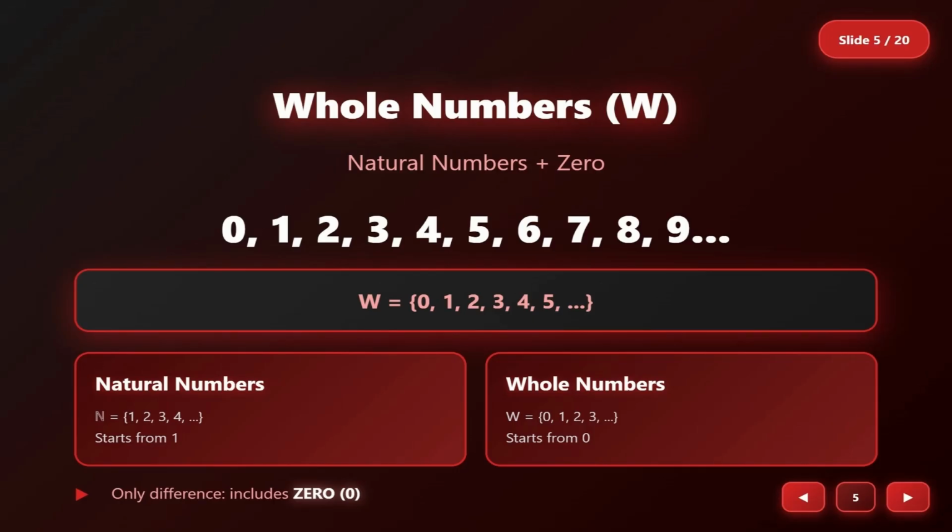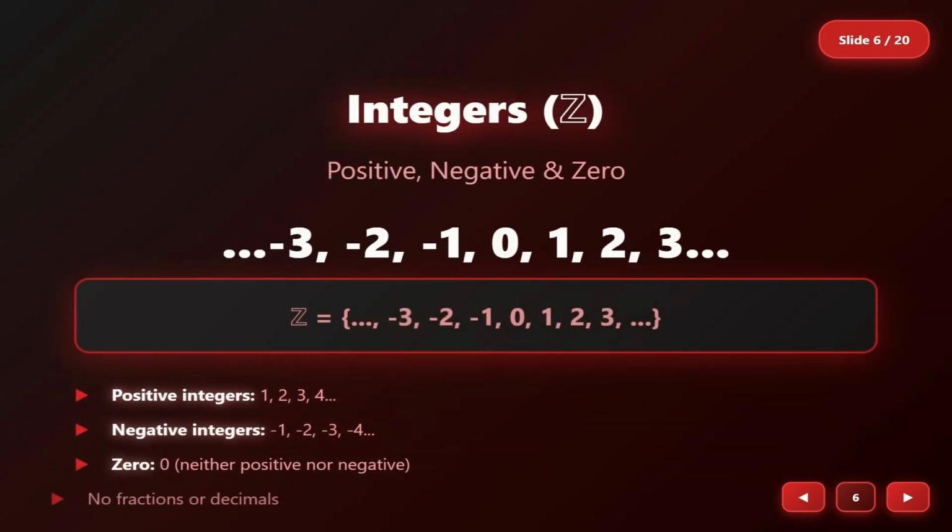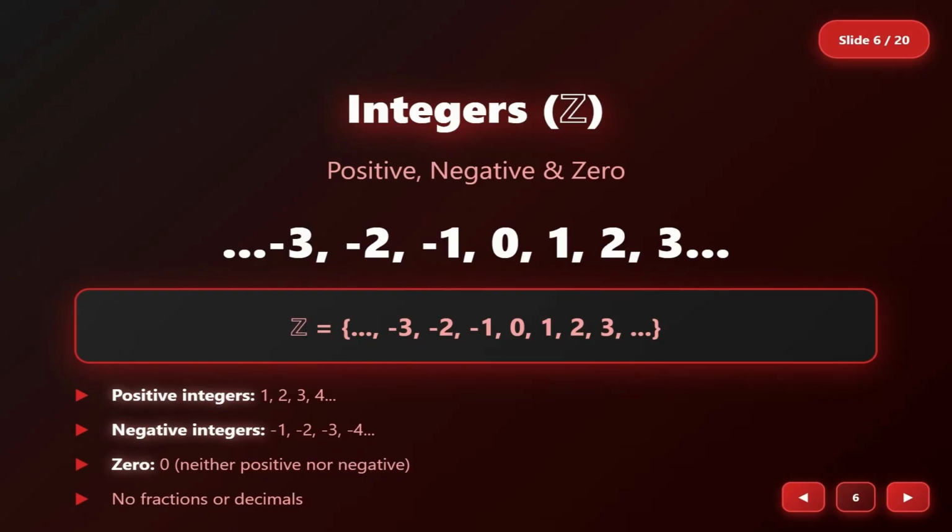But things are getting interesting. Welcome to integers, represented by this capital letter Z, and that's the double-line Z for you. Integers include -3, -2, -1, 0, 1, 2, 3, and so on. Look at that. Integers go in both directions. Here is what we have got.